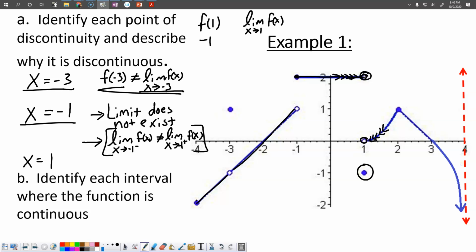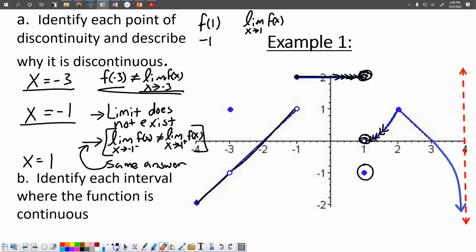As I approach 1 from the left, I get a y value of 2, but as I approach 1 from the right, I approach a y value of 0. So my answer here is the same as this one. The limit doesn't exist because the limit from the left and right don't match. Okay?